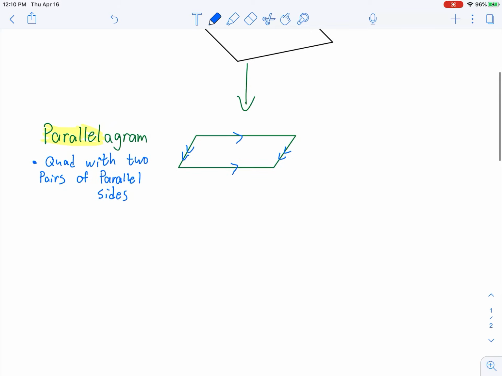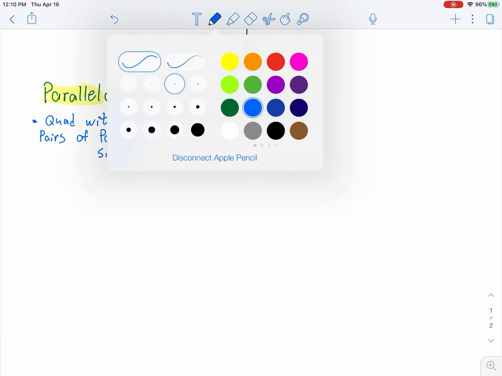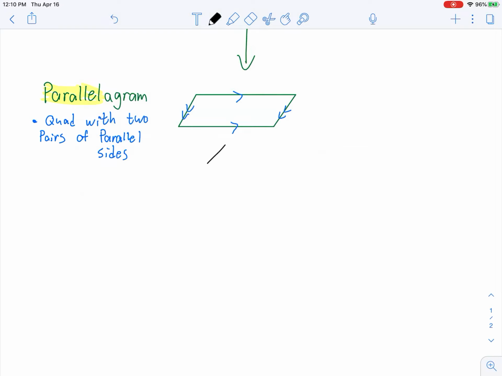Okay, so underneath parallelogram, let's draw a line going over here. All right, it can evolve into something else that's a little bit more familiar that we recognize. There we go. All right, what shape is that?